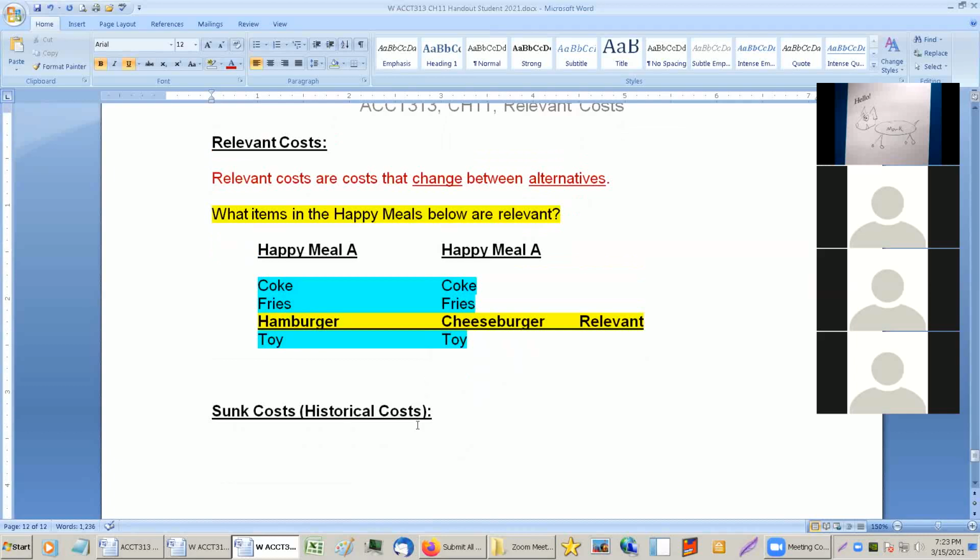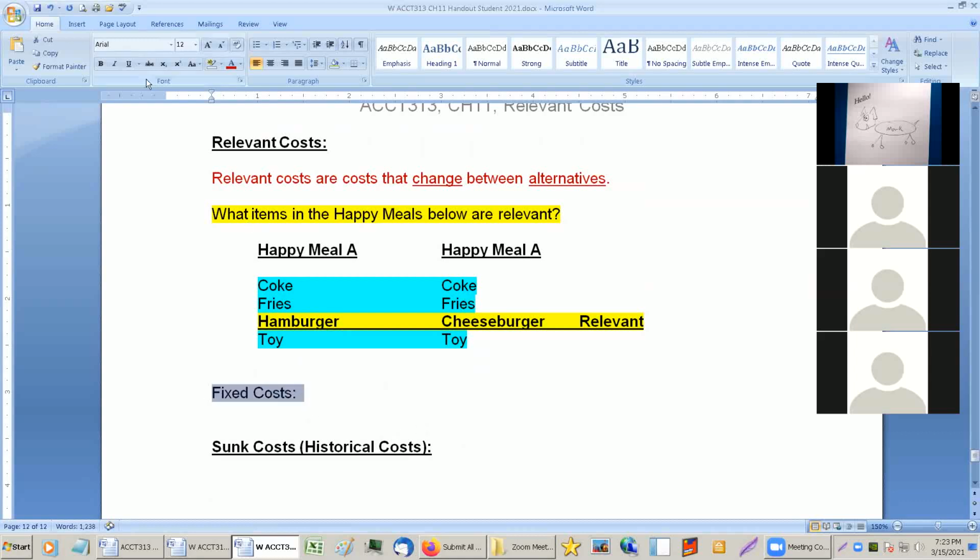Okay. I'm going to add one here. It just occurred to me I should have put in fixed cost. Now, given what I told you, that it has to differ between alternatives, do you think fixed costs are usually relevant or not relevant?